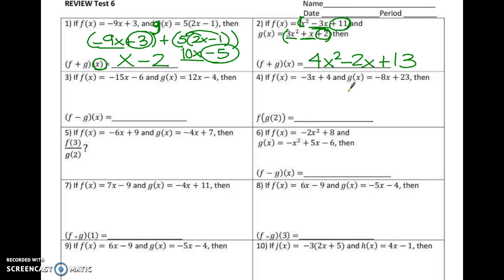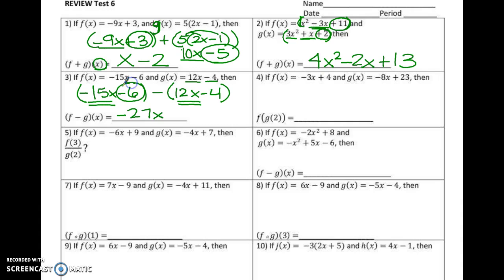This is subtracting f and g. So we would take function f and subtract function g. That means we're subtracting each of those numbers. I would do negative 15x subtract 12x, which would give you negative 27x.